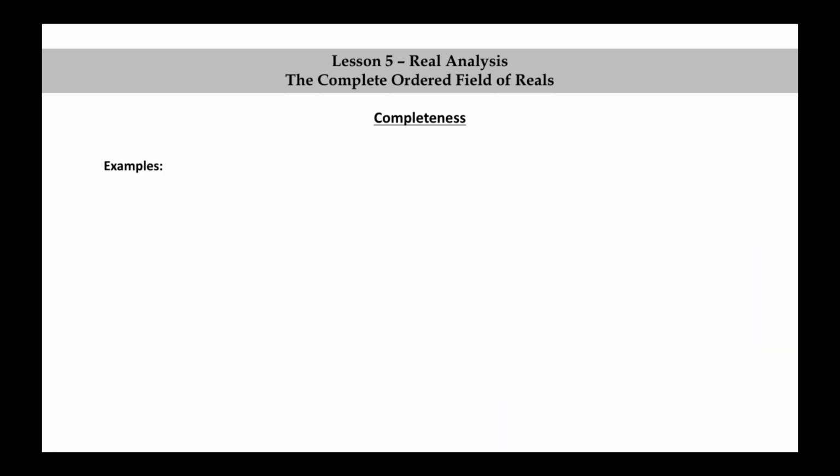Let's look at some examples. Let (F, ≤) be an ordered field with Q, the field of rationals, being a subset of F. What we have in mind here is that the ordered field F should either be Q, the ordered field of rationals, or R, the ordered field of reals.